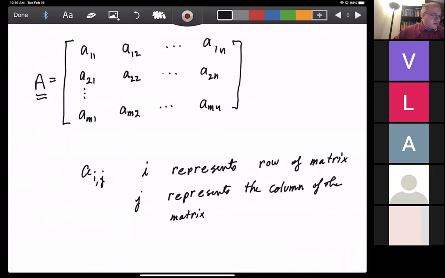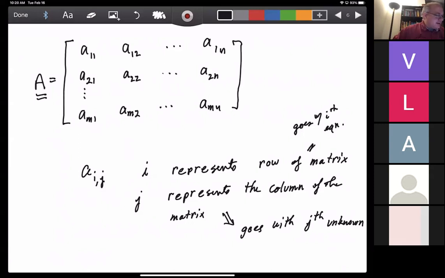So that row goes with the ith equation, and the column goes with the jth unknown, right? So if your second subscript is j, that coefficient is being multiplied by x sub j, the unknown x sub j. And this is a matrix.